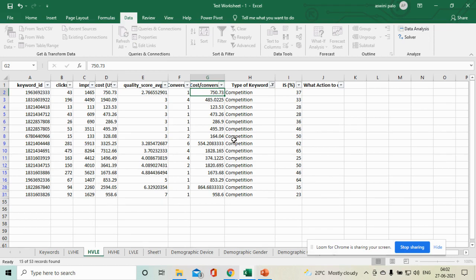Your competition is not at all bidding for their keywords, and in fact nobody is bidding for those keywords, and somehow you identified that these keywords are doing well for you and you are bidding. That's why your quality score is a bit higher. Or your competitor's name is kind of generic.